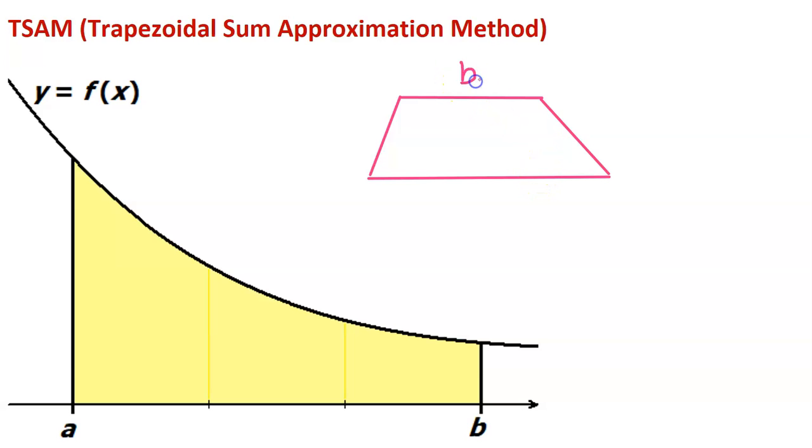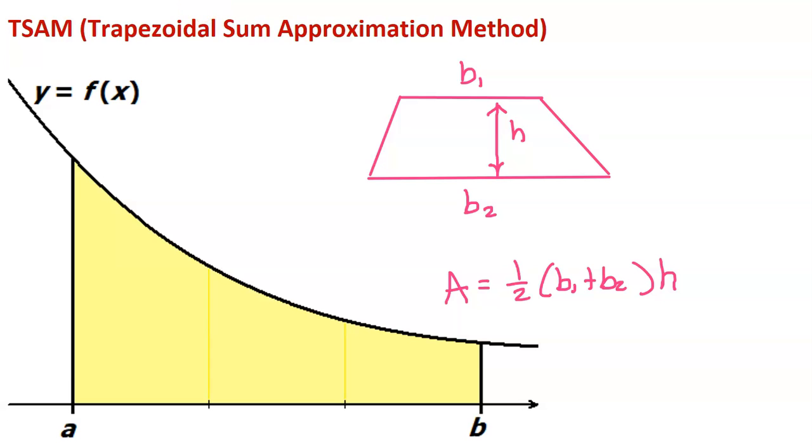And we would say this is base 1 and this is base 2. And we would talk about the fact that the area of a trapezoid is 1/2 base 1 plus base 2 times the height. And the height of the trapezoid was the distance between the bases. So this was the height.